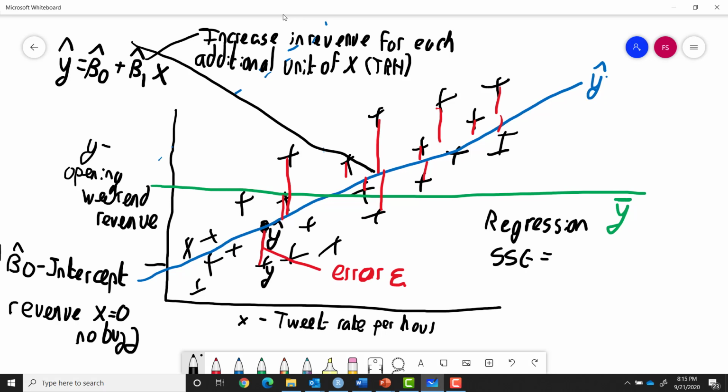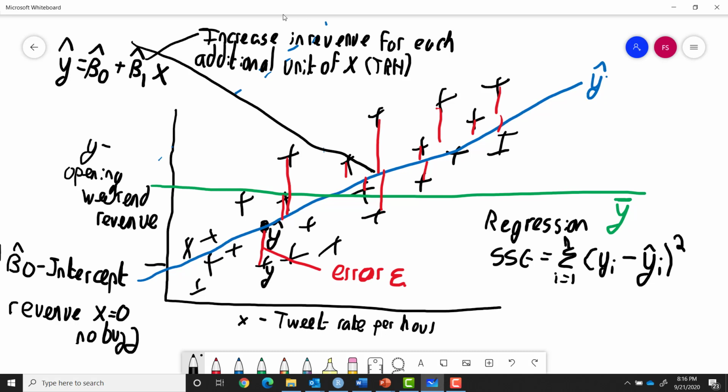If we have n points, in this case n movies, it's the sum of each individual y minus y hat i, squared. Why do we need to square it? Because if we didn't square it, everything would just cancel out. So this is a measure of the magnitude of the errors.